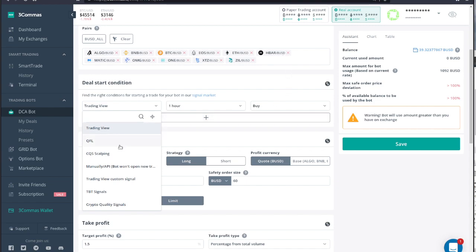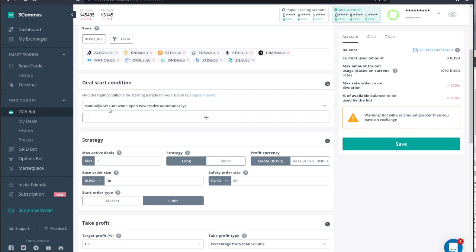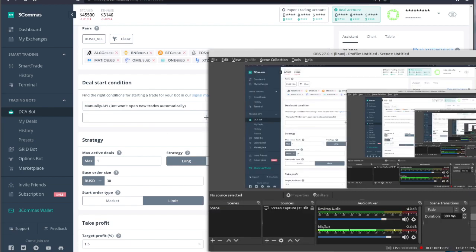Yeah, not have to pay for another plan, but manual API. So I think what we'd have to do is figure out a manual API that just triggers constantly and gets it to buy constantly. So yeah.